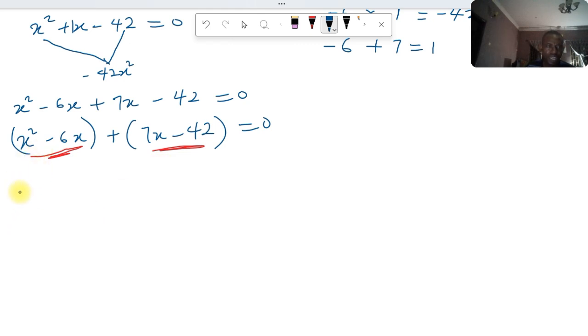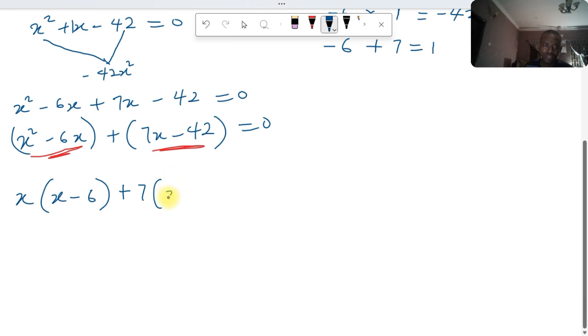So we have x is common in this bracket, and you are left with a single x minus 6, because the x here has been factorized. So we have plus, what you have here is 7 and 42. If you check very well, 7 is a factor of 7 and 7 is a factor of 42.